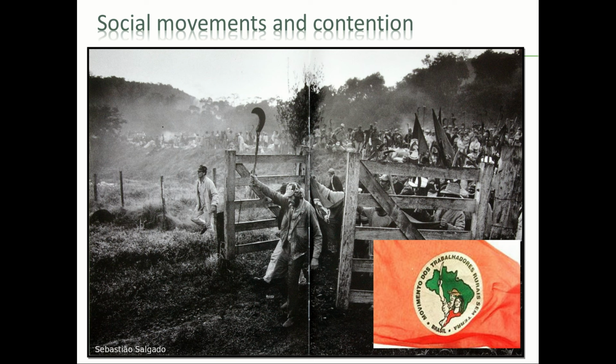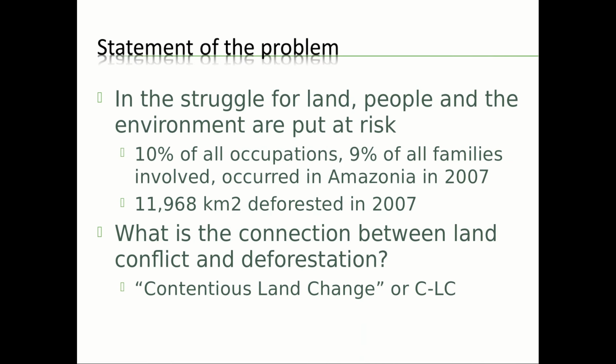Essentially, the argument that these social movements make is that they're forcing federal governments throughout Latin America, but particularly in Brazil, to actually enact land reform and bring people who would like to be farmers to land that's not being adequately farmed. Essentially, unproductive land should be expropriated and redistributed to those who are going to use it effectively.